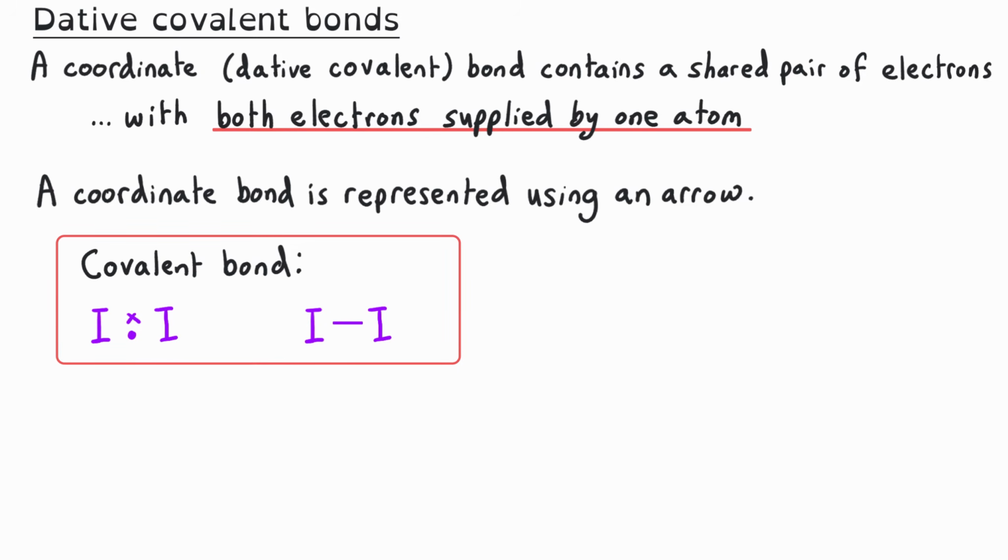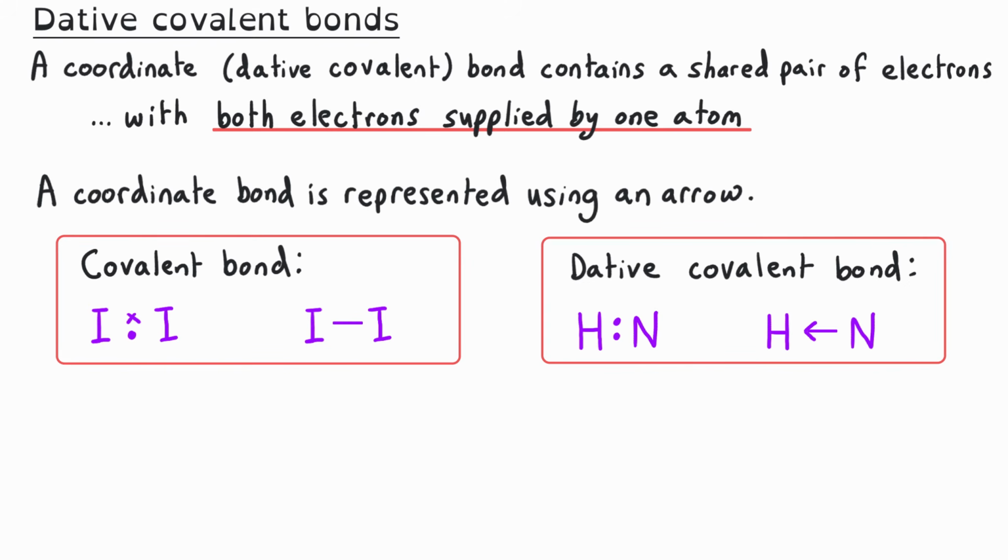So in a covalent bond, we see one electron from each atom, and it is represented using a line. Whereas in a dative covalent bond, both electrons come from the same atom and the bond is represented by an arrow that starts, in this case, at the nitrogen and points to the hydrogen, showing that it is the nitrogen atom that is donating both of its electrons to the hydrogen.